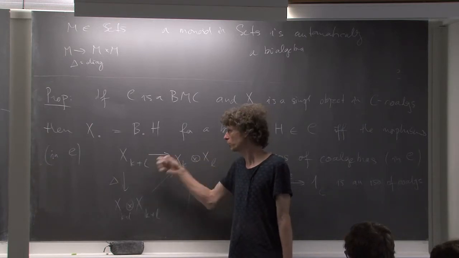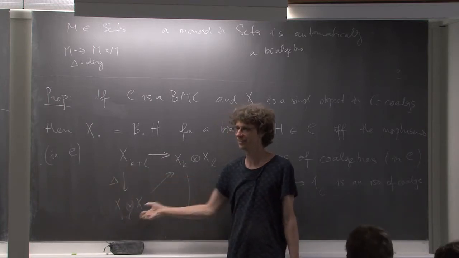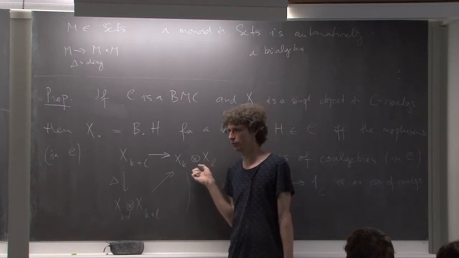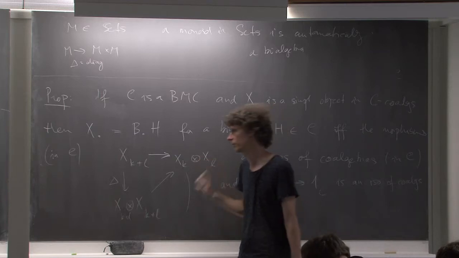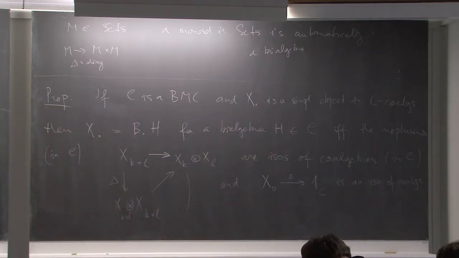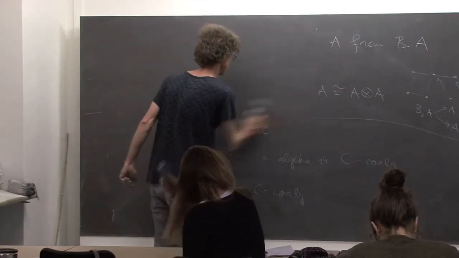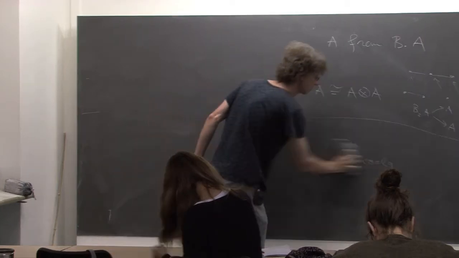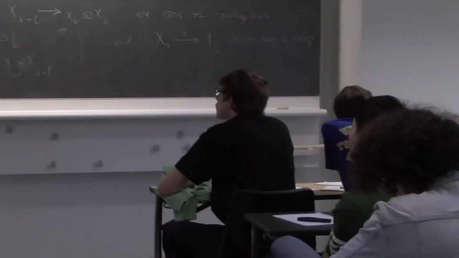But we still want these compositions to forget enough of those bad things happening here to get an isomorphism of coalgebras, so that stuff should be compatible with the coproduct. So if you start with an algebra, then this augmentation is just this epsilon.